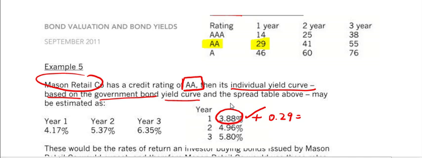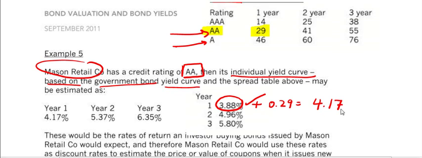Is that clear? They have risk, so people look at them differently, and they say you're rated AA. If you're rated A, you've got to add on more spread. So in this case it is 29, 0.29%. So how much are you going to get here? Mason will have a cost of debt of 4.17 for year 1.